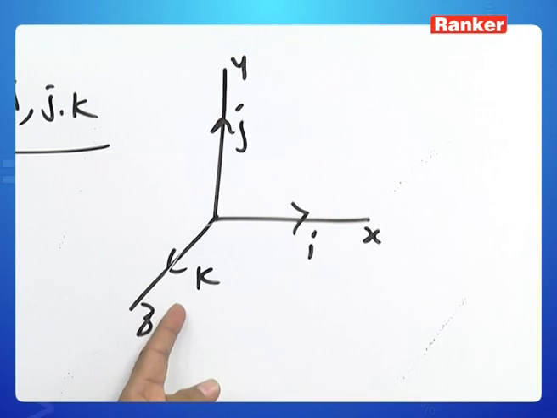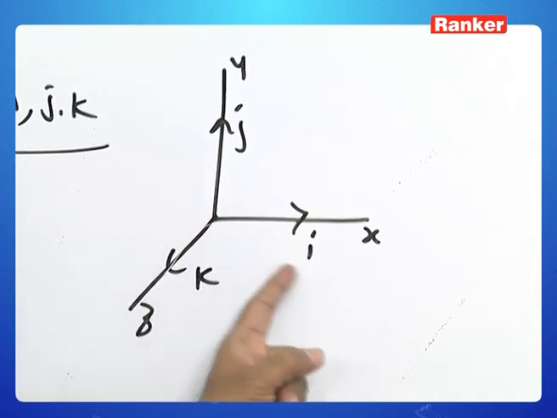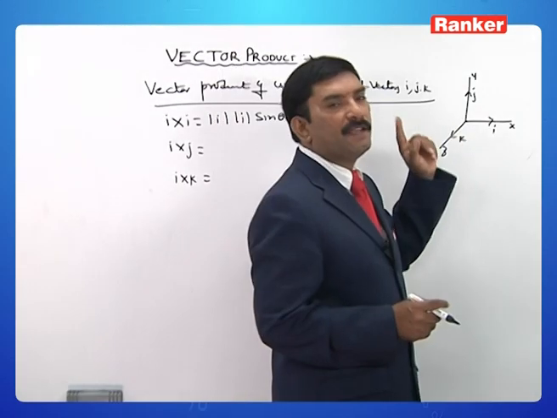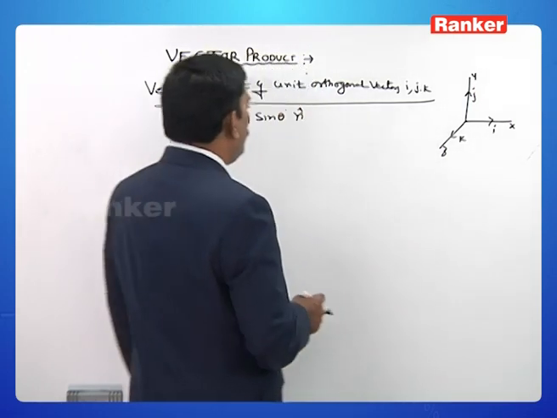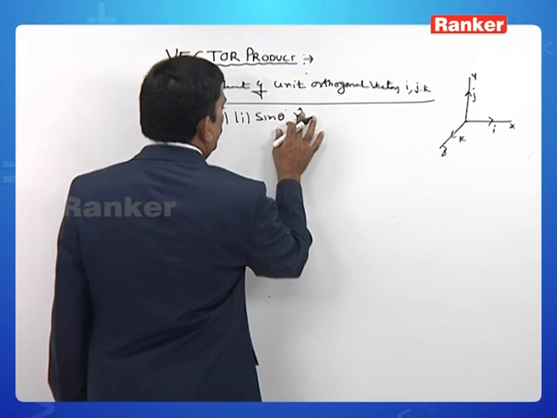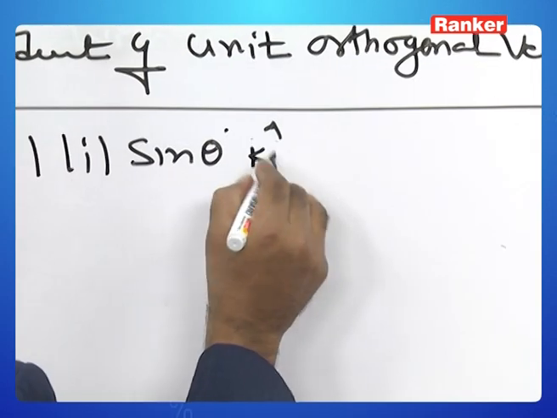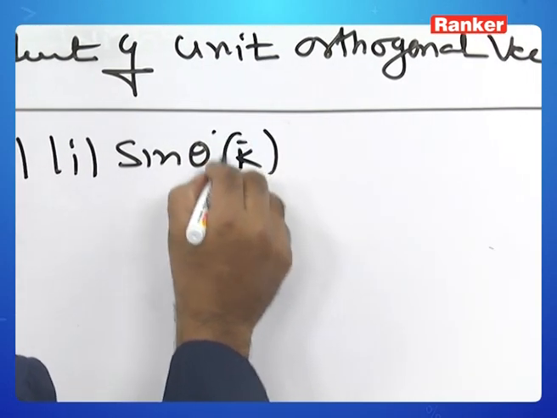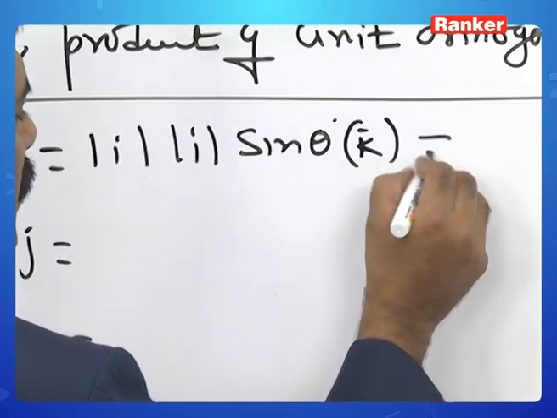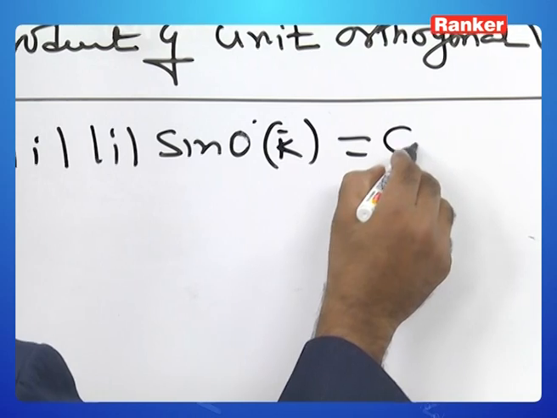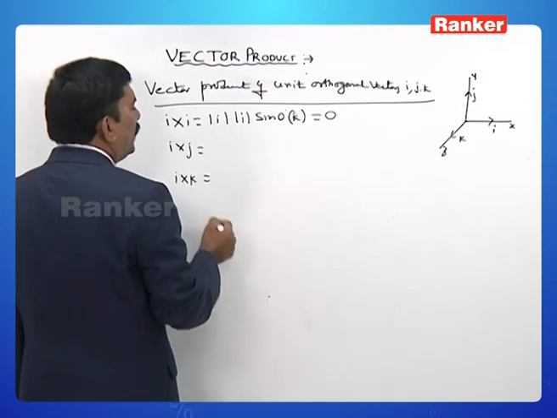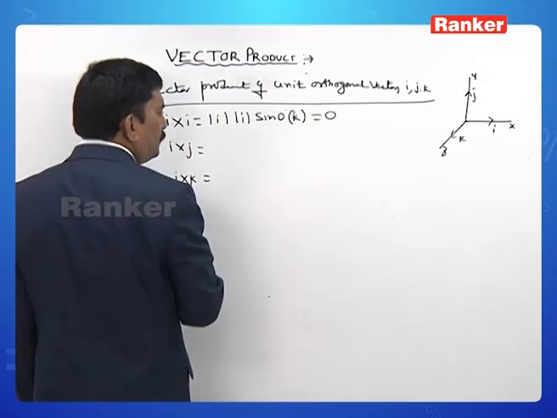This is the unit vector which is perpendicular to the plane containing i and j. So therefore, now by using this one, instead of n cap, I take k cap or k. Okay. So therefore, I can write this is sine 0. Angle between the same vector is 0. Therefore, it becomes 0. Then i cross i is equal to 0.